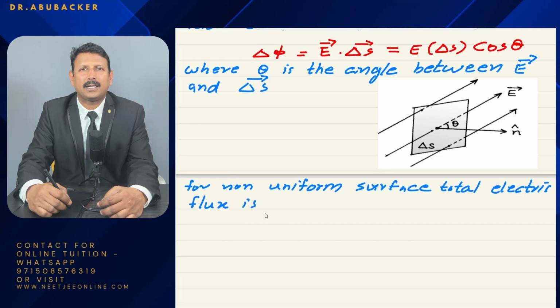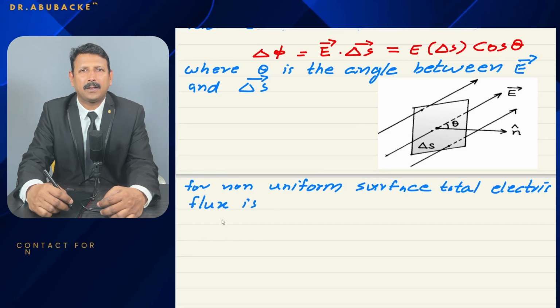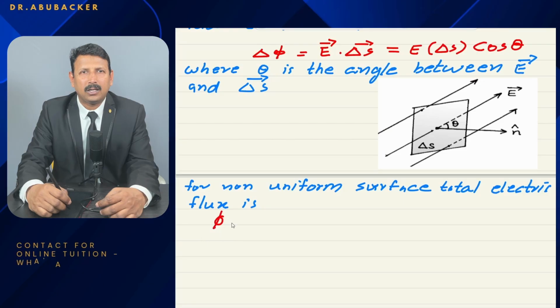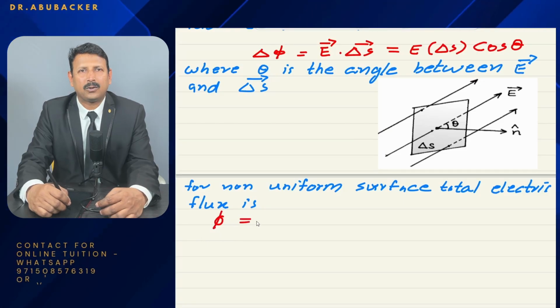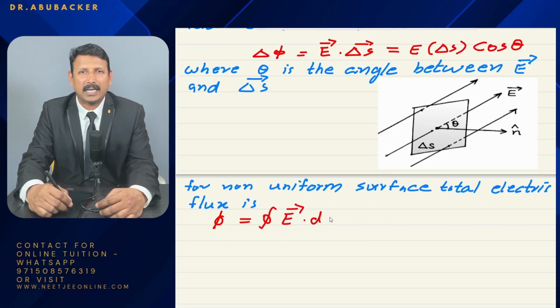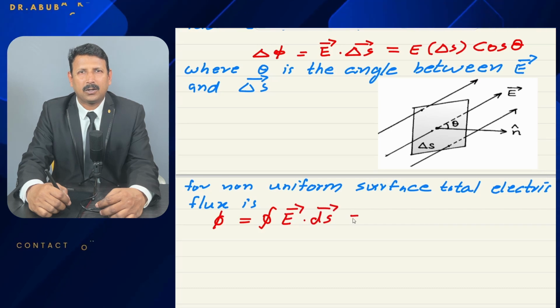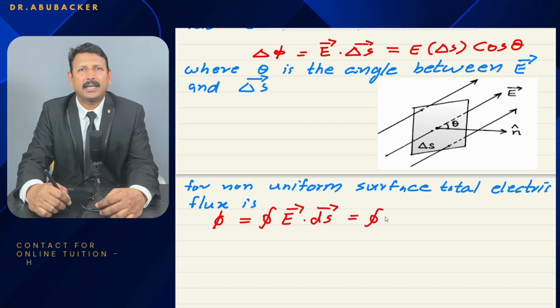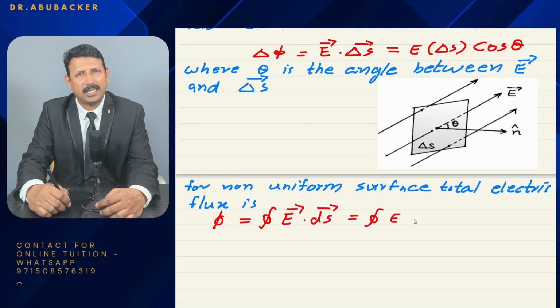See the unit vector direction, that is the area vector. This is for a uniform electric field. For a non-uniform surface, it is better to take the integral form. For a plain flat area, E dot delta S equals E delta S cos theta is fine.